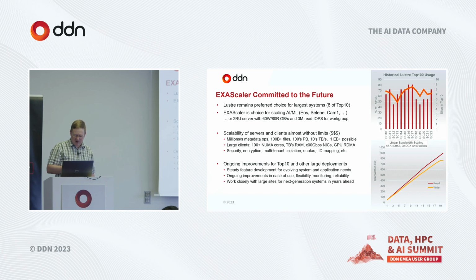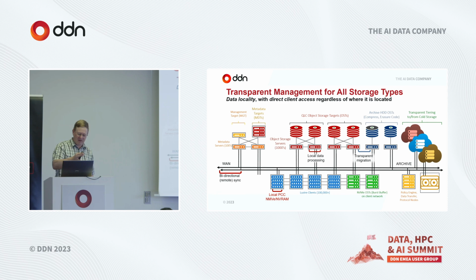And so we are continuing to do lots of interesting developments. So, this diagram is basically showing all of the different kinds of configurations that we can have, right? And not every site is going to have every type of feature that Lustre can provide.